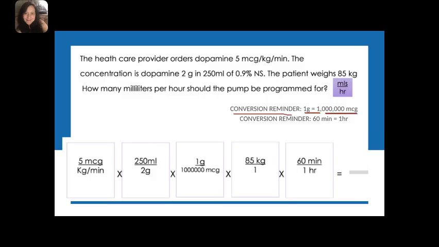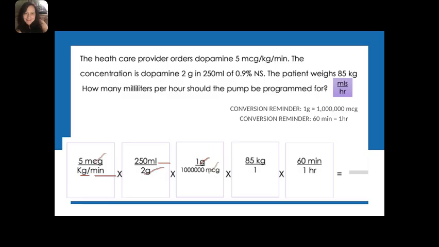So I write that with the grams in the numerator and the micrograms in the denominator, set up so that I can cross cancel these terms that I don't need, and I know I'm on the right path here.